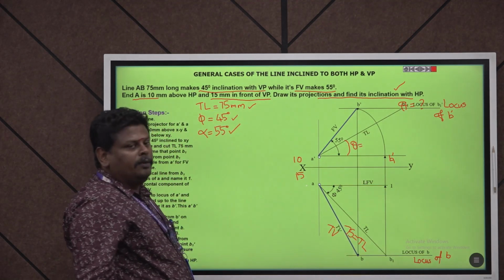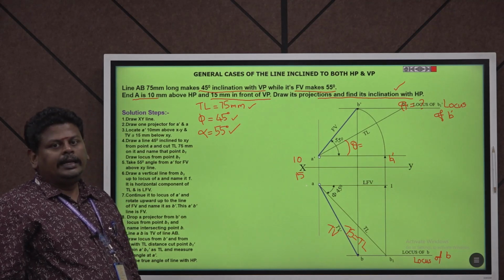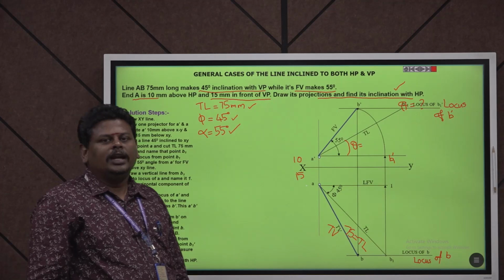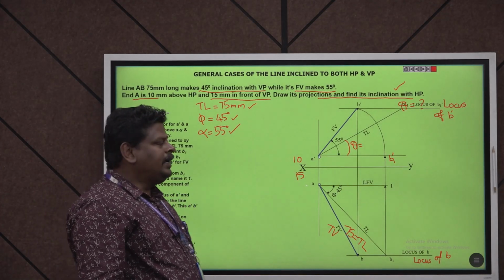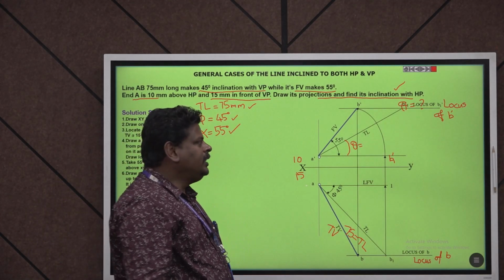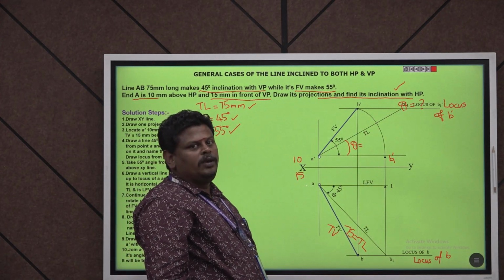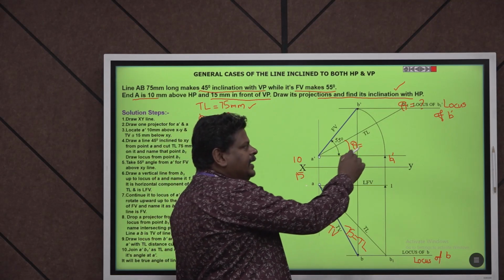That is the angle made by the true length. Whenever theta, angle phi, they are all called true inclinations made by the true length. So, theta needs to be measured from the true length, that is a dash b1 dash. Okay. This a dash b1 dash is making an angle of theta.